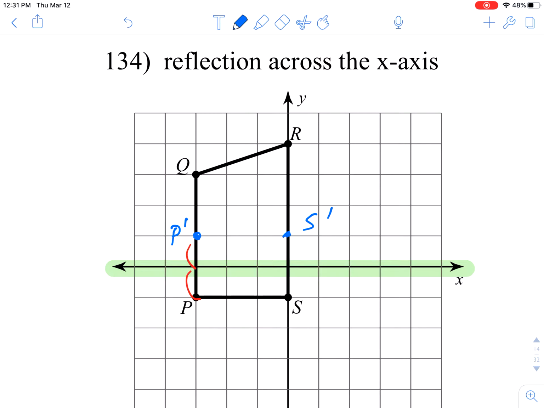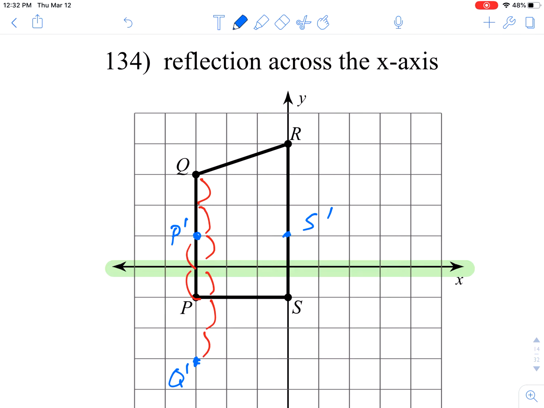Q is 1, 2, 3, 4. I'm sorry, I miscounted there. It is 3 away. And so then we go 3 away on the other side. 1, 2, 3. And we label this as Q prime.